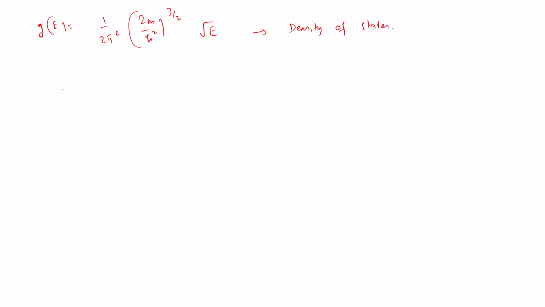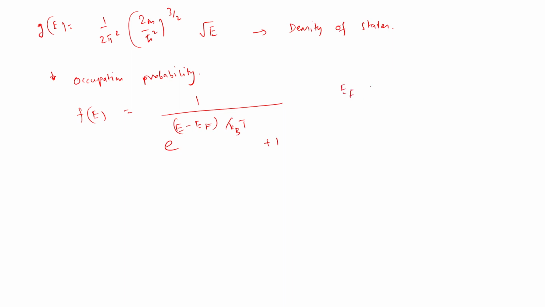To find the density of electrons, we have to multiply it with the occupation probability. It is given as f of E is equal to 1 over e to the power (E minus EF) over kBT, plus 1. Here EF is called the Fermi energy, and kB is the Boltzmann constant.